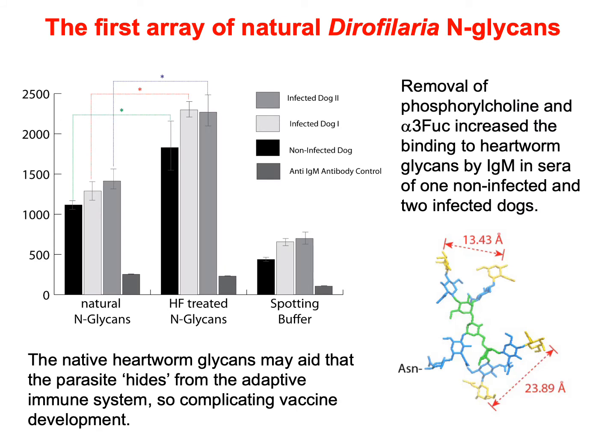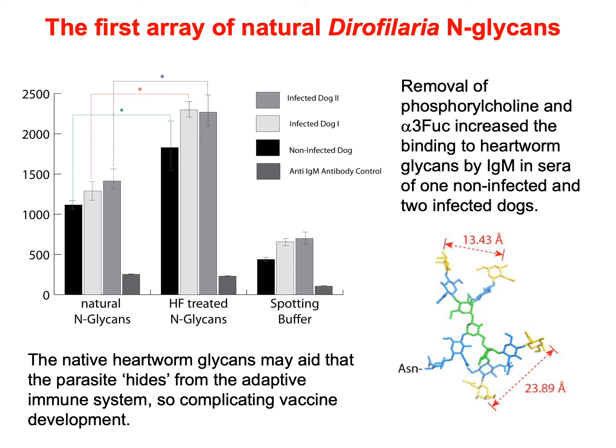Then we had a look at the sera of dogs, in particular looking at what IgM and IgG was present. So somehow the reverse pattern as compared with CRP. The natural glycans did have a signal, but the HF-treated glycans have a higher signal to the IgM as well as the IgG.